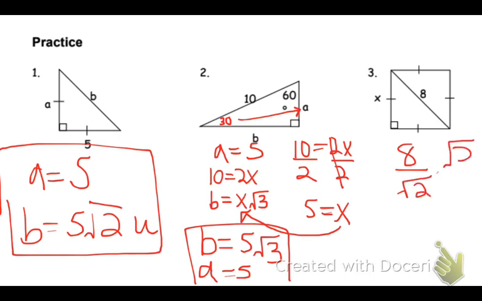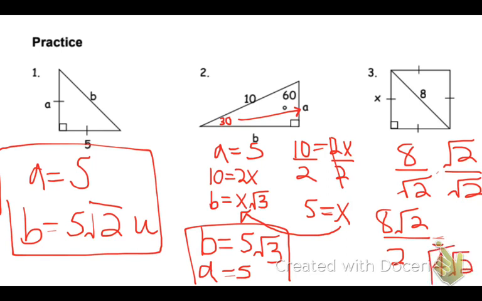Then we multiply by root 2 over root 2, because we're going to get rid of this radical guy on the bottom. 8 times root 2 on the top just stays as 8 root 2. And then root 2 times root 2 on the bottom gives you 2. We can simplify that further to 4 root 2. So that would be x.